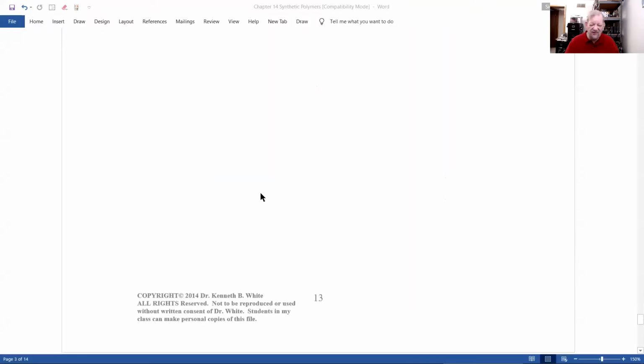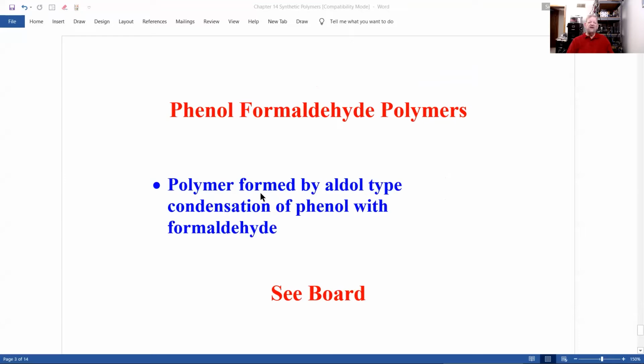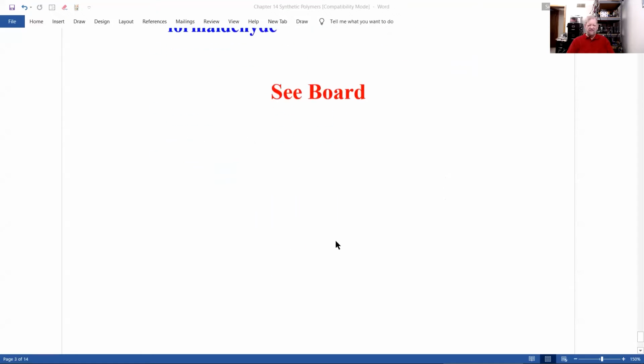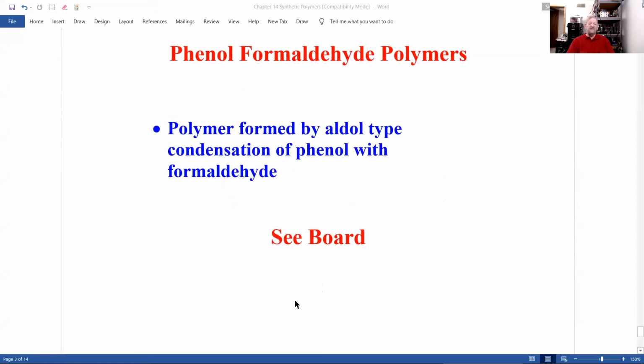Now, the last one I'd just briefly like to talk about is if you react phenol with formaldehyde, this is sort of an aldol condensation. And it forms a polymer, which gets very hard, very hard. And this used to be used to make many things until certain plastics replaced that.